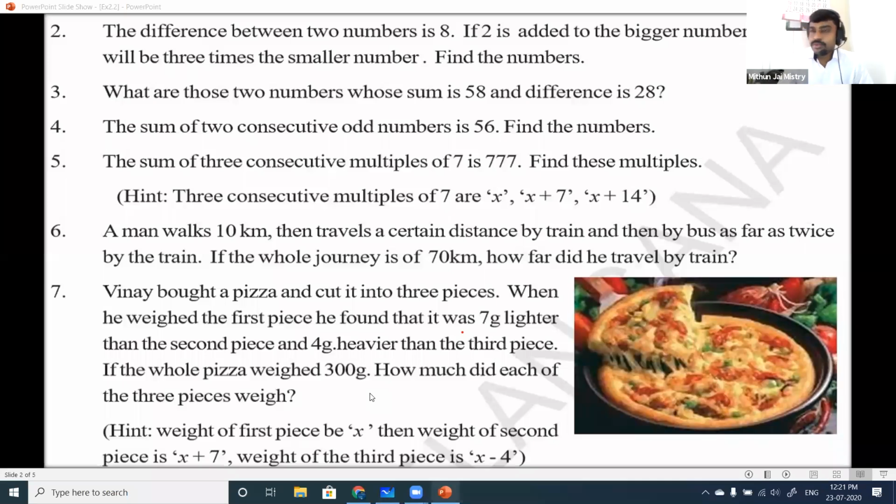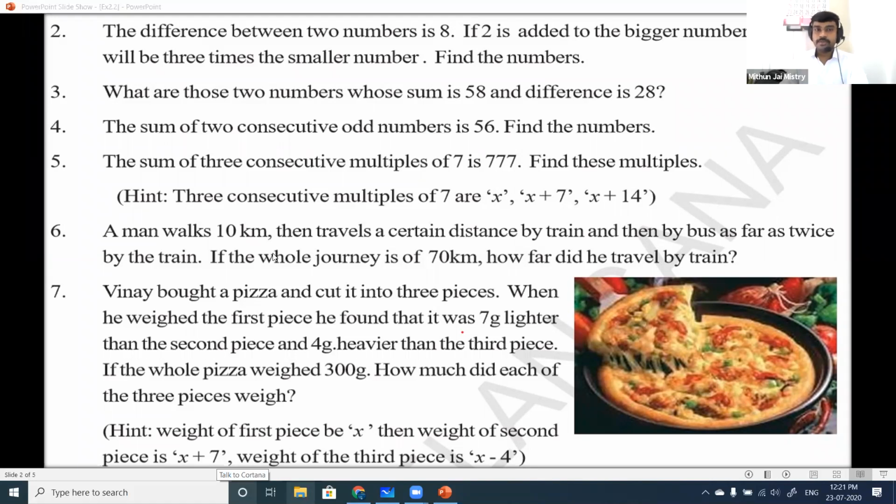We can do this orally also, but now I'm asking you to do it using pen and paper. The weight of the first piece is 99 grams. Weight of the second piece, 99 plus 7, is 106 grams. Weight of the third piece, 99 minus 4, is 95 grams. All the best. You need to solve this on your own.